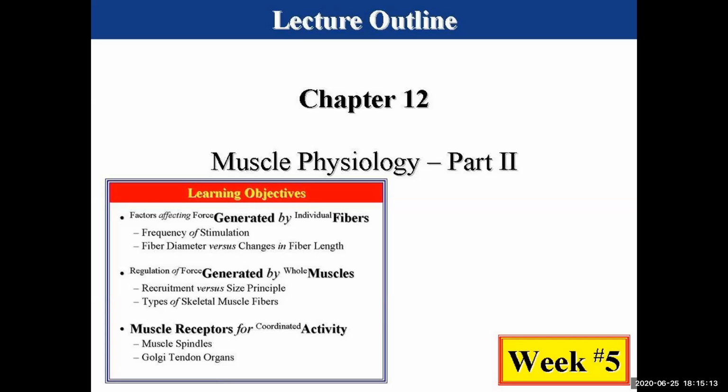Hi guys, chapter 12, part 2. We're going to go over focusing on the mechanics of the contraction. Meaning we're going to go over two different levels. At the cellular level, meaning the mechanics of how a single, individual skeletal muscle cell or skeletal muscle fiber generates tension or how they contract.